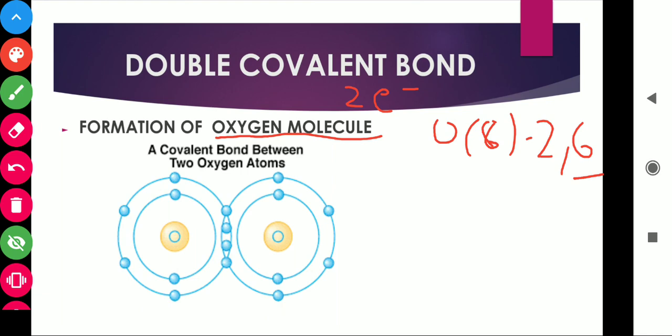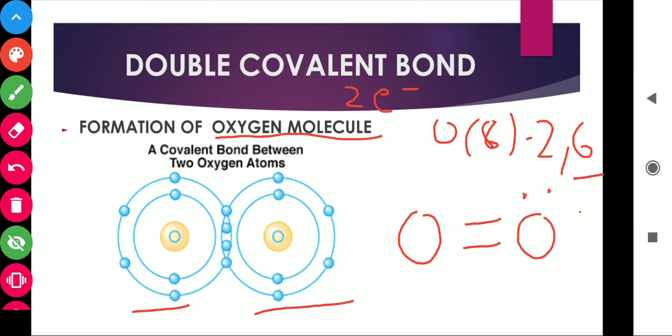When we want to draw the structure, how is the structure formed? One oxygen atom, another oxygen atom, the valence shell contains 6 electrons and 2 get shared, means O double bond O, and the remaining 4 are the lone pair. That is the formation of the oxygen molecule.